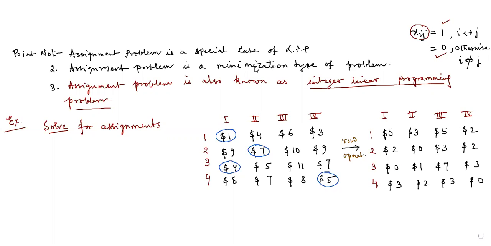So you just recheck the calculation. If I do anything wrong, you let me know by writing in the chat box. Now I'm going to apply the column operation, which will be applied not on the original matrix, but on the resultant matrix, which is obtained after the row operation.